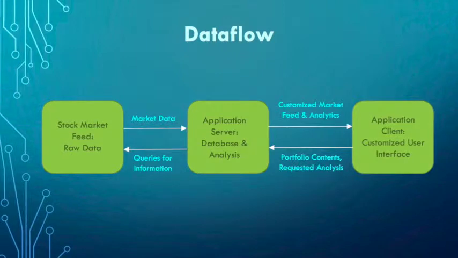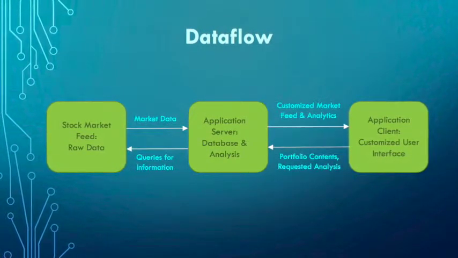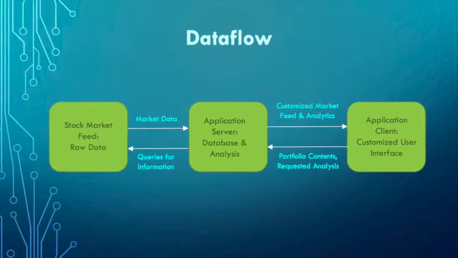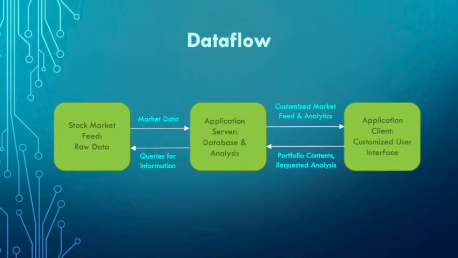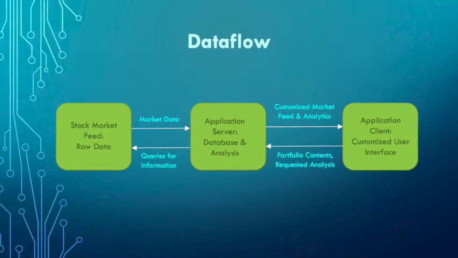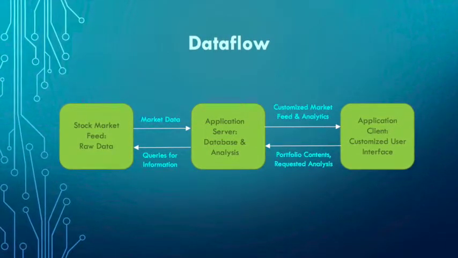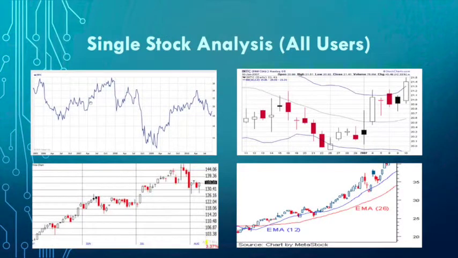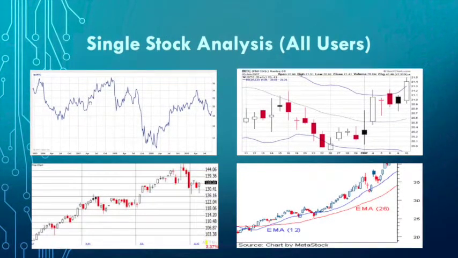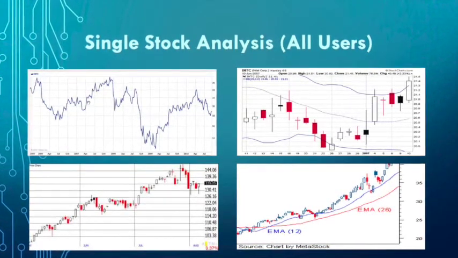We have a feed, which our server will take and analyze, and then basically report that to the app client. So they'll be putting in requests for analysis on certain stocks. That information will come from the Yahoo API or the Google API, depending on what they specify, and then that will query and just feed that back to the client.